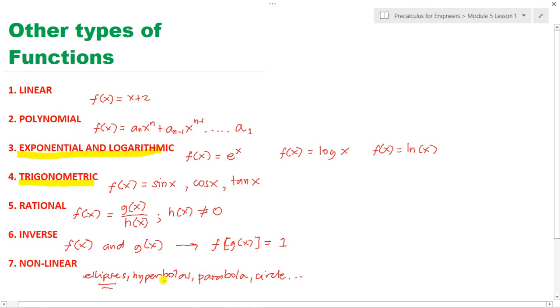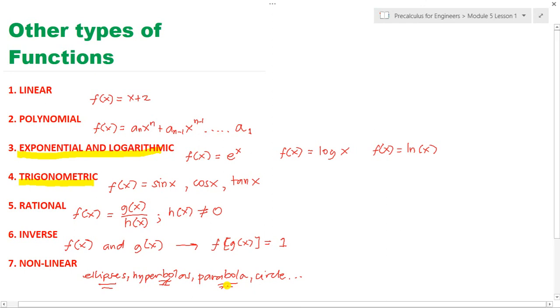But not all of these conics are functions, since we have the vertical line test, right? Remember the definition of function, that each element of the domain corresponds to only one element of the range.